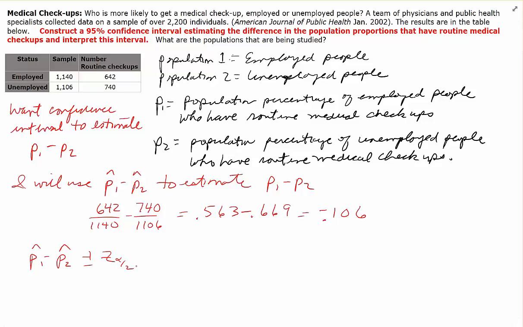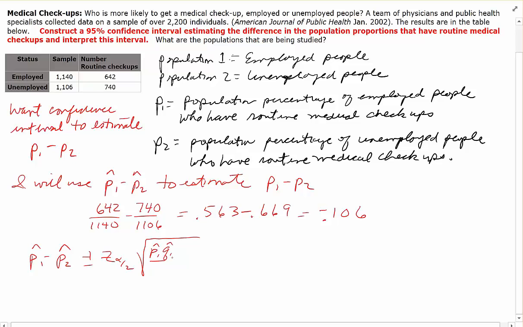Now I need to get my standard deviation formula for the sampling distribution. And for confidence intervals, that is given as taking the sample percentages, multiplying them each by their complements, and dividing each of them by the sample size, taking the square root of that.